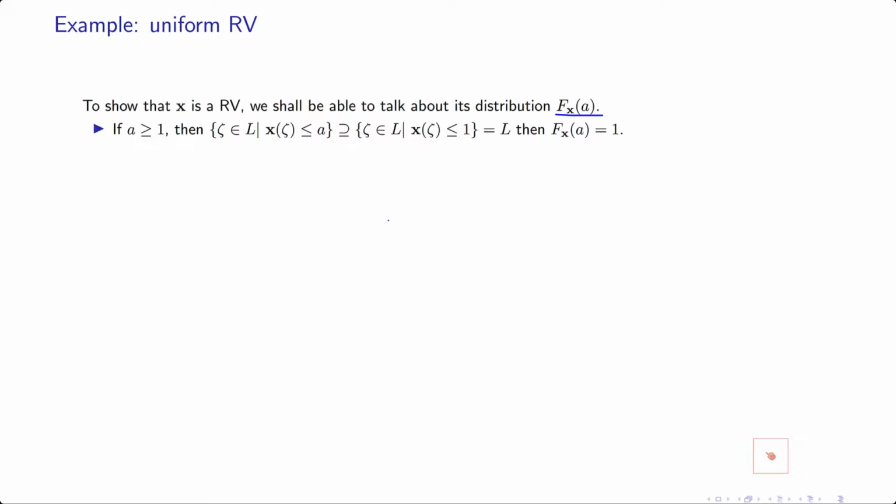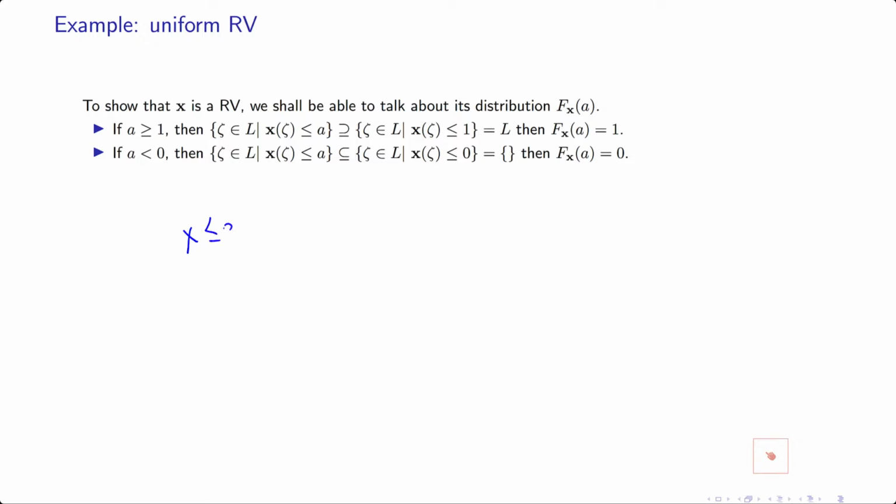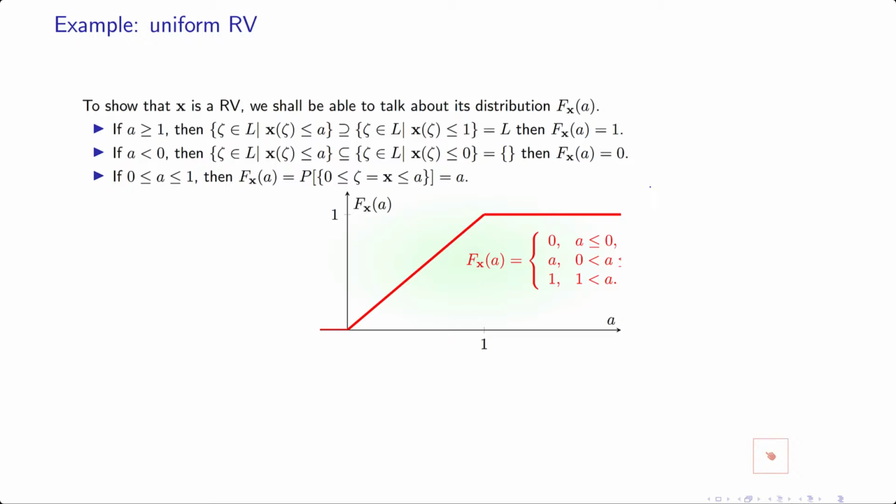So the first thing I do is that for a bigger than 1, I have the whole sample space, and then the probability is equal to 1. For a less than 0, my event X smaller than or equal to a is negative, so it is equal to the empty set. And the probability of the empty set is 0. And if a is between 0 and 1, the probability is going to be equal to a.